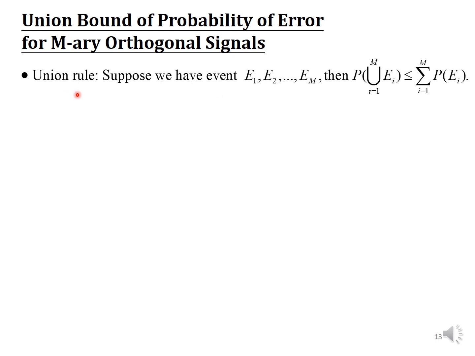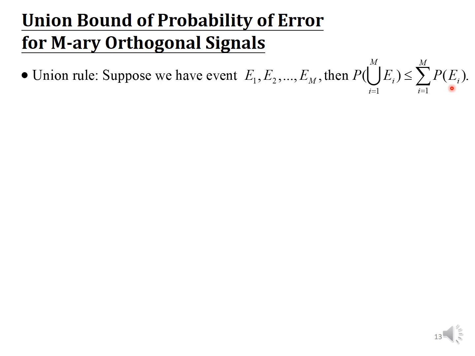Let's review the union rule first. The union rule says that suppose we have several events, event 1, event 2, and event M, then the probability of the union would be less than or equal to the summation of the probability of each event, right?